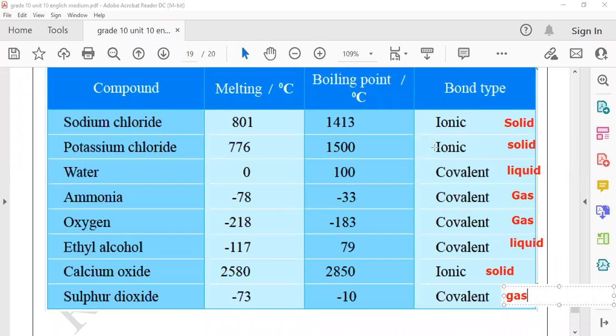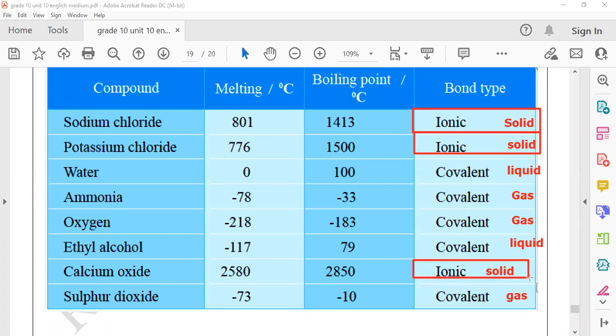In all the places where you have mentioned solid, they are what kind of compounds? Ionic compounds. In places where you mention liquid or gases, they are what type of compounds? Covalent compounds. Could you please mark these solid, liquid, gas ones?